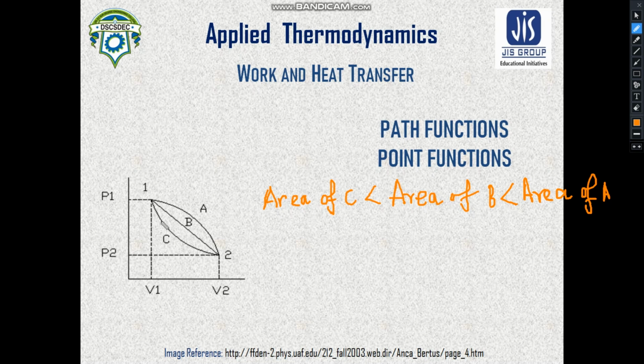This is what we call path functions, the functions which depend on the path in which the thermodynamic state has been changed.